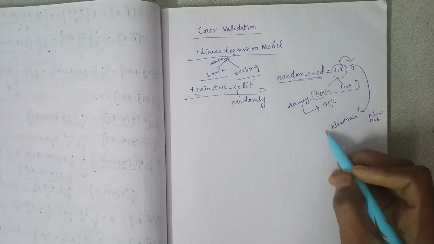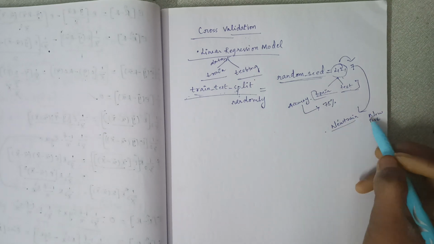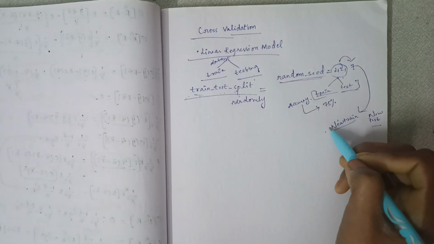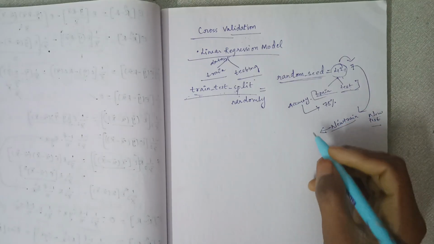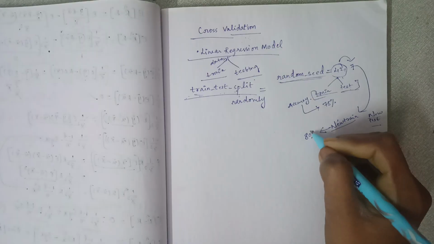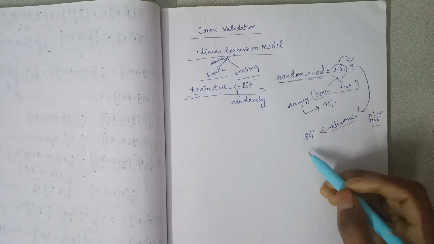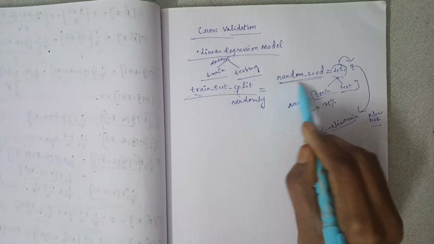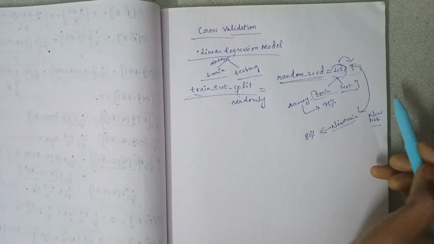When you fit the model on this new train data and new test data and calculate the accuracy, let us consider it is 80%. This is how the accuracy fluctuates whenever you change this random seed.